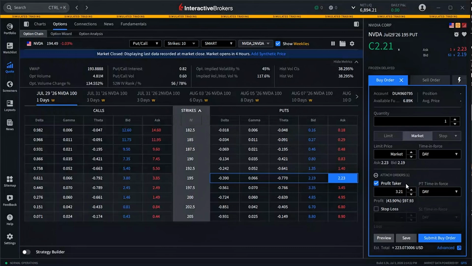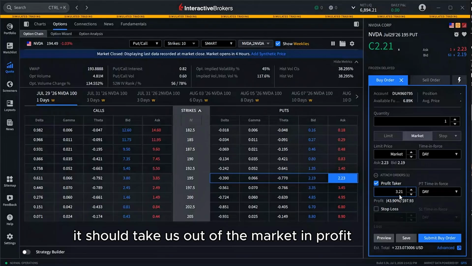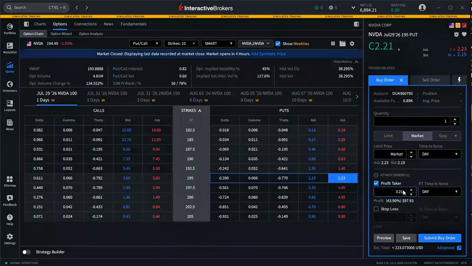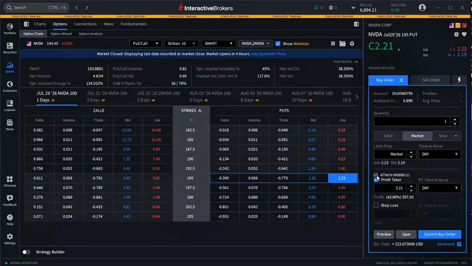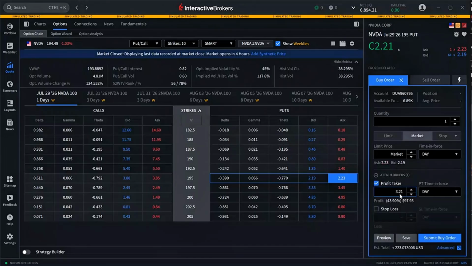So when the market hits 321, it should take us out of the market. So that is how you can adjust it. You can type it, or you can just scroll through whatever profit you want over here. So I'll just leave it at 321, and then my stop loss is where the market is going to take me out.